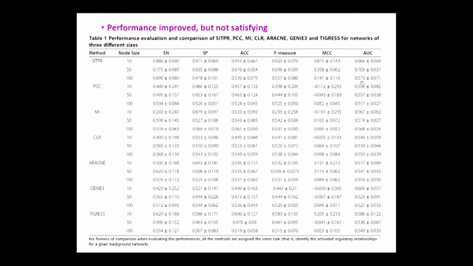That's an interesting and embarrassing observation, because we aim to solve the curse of dimensionality problem, but we end up with improved performance only for the small size network. The bad news is that if you look at the performance of other algorithms, they are even worse.